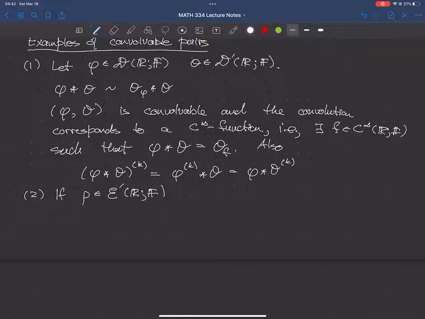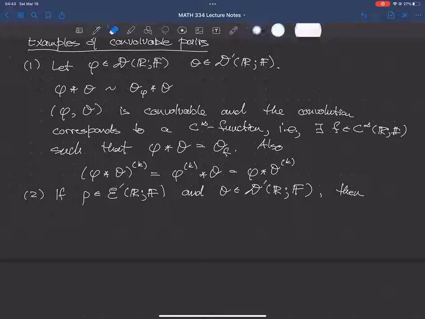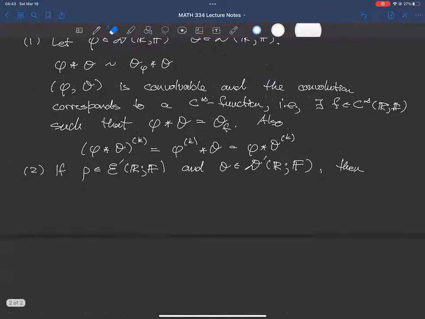So rho is in there, and theta. I hinted at this last time and didn't say it as well as I might like, when I was talking about the convolvability of the Dirac distribution with any other distribution. So let me try to say it better this time. Then theta and rho are convolvable.